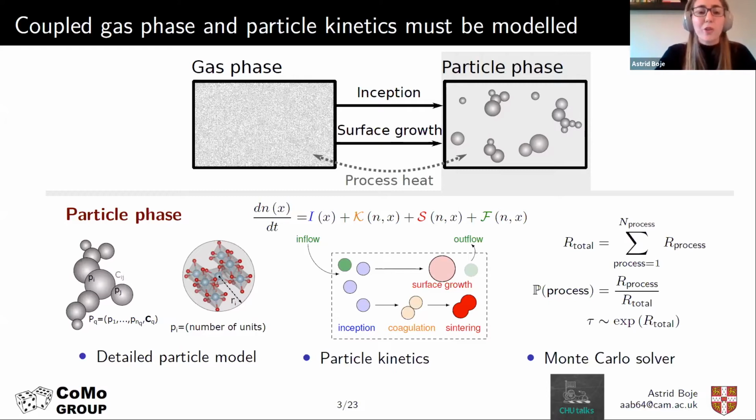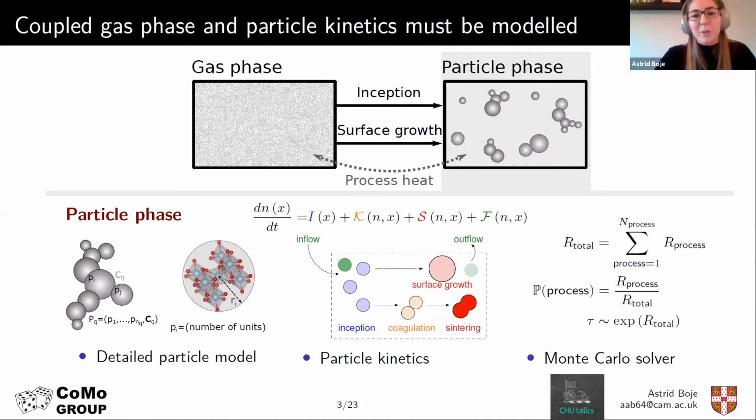And then there's also growth by surface growth, which is direct deposition of mass from the gas phase onto the surface of the particle. And with these very detailed particle models, we can really only look at the evolution of this equation shown here using Monte Carlo methods, because deterministic methods suffer the curse of dimensionality, which is basically they scale very poorly with large numbers of dimensions in the particle type space.